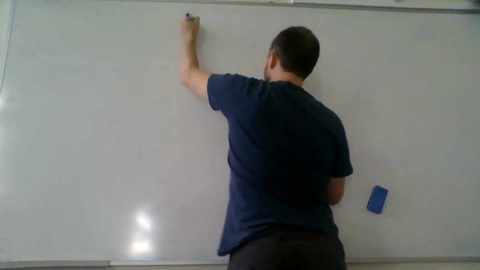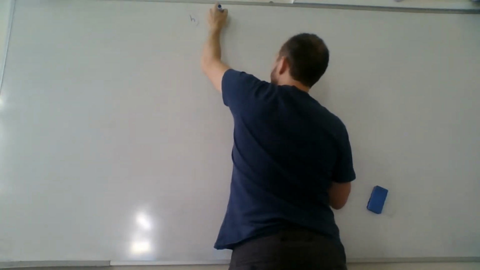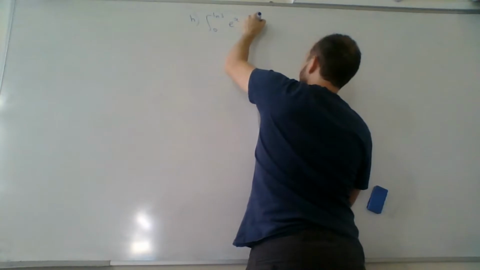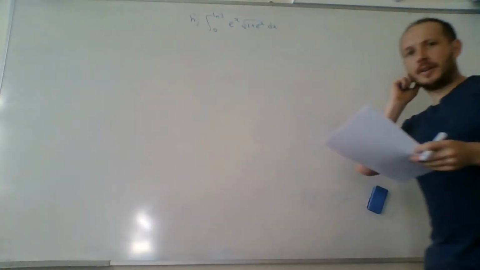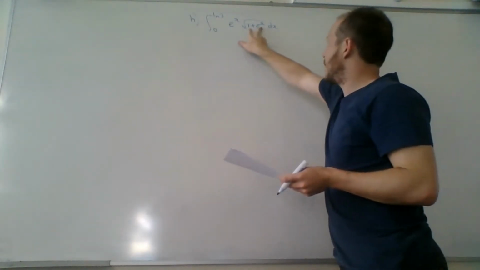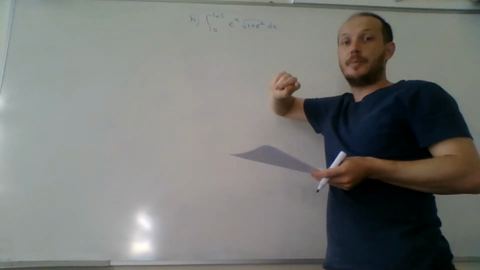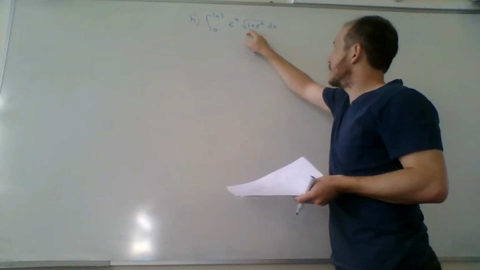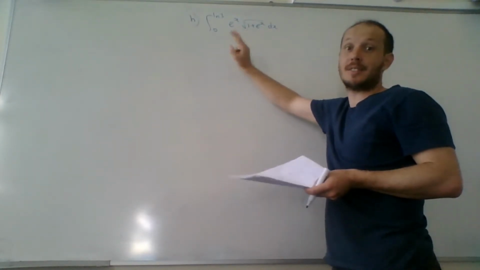Okay, part H. We've got the integral from 0 to ln3 of e to the x square root of 1 plus e to the x. Now this one's a little bit different because there's no powers of x here. So we've got to look at the two parts, this part in the square root and then this part, and work out which one we're going to let be u. In this case, it's going to be this one, because we want the derivative of this to be this, and we know that the derivative of a constant is 0.